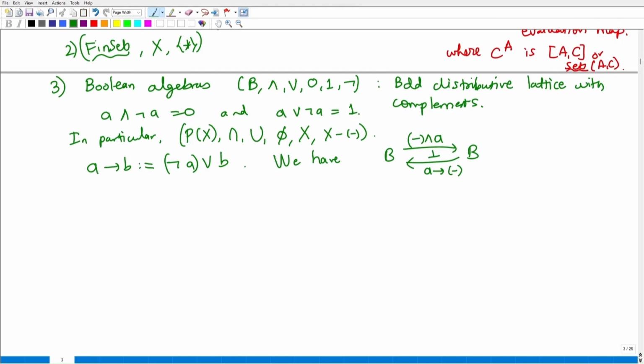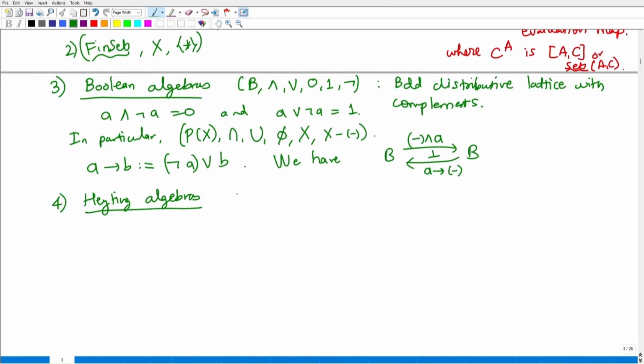More generally, there is another very beautiful class of examples, and that's the class of Heyting algebras. Heyting, the H is silent, H-E-Y-T-I-N-G, but Heyting, not hating.